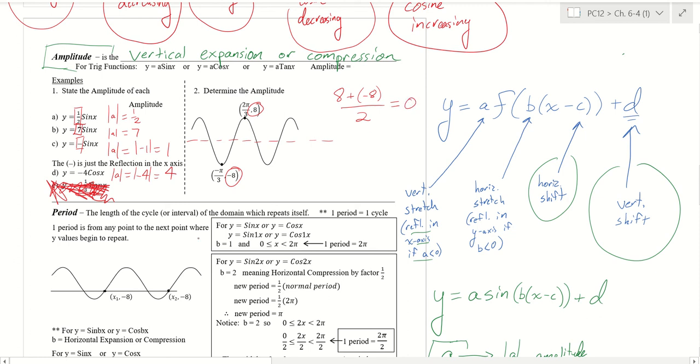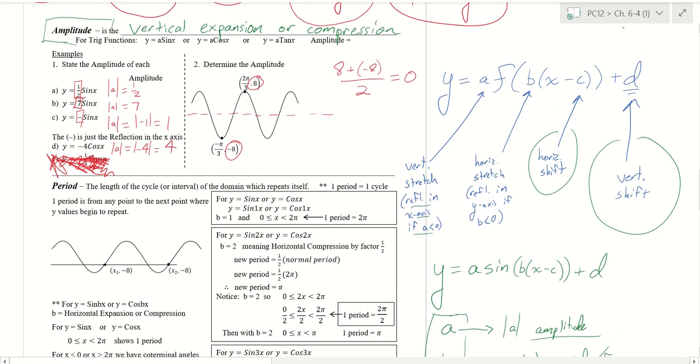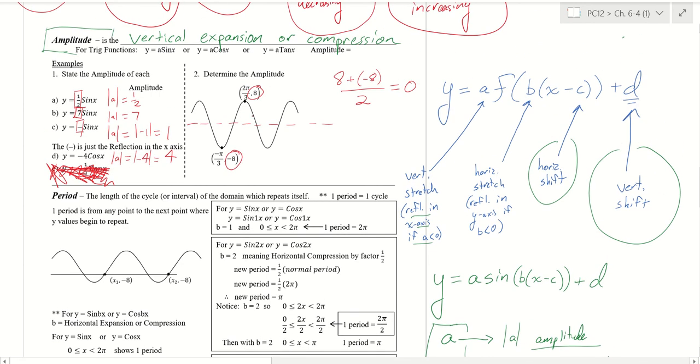That would just be 0. So we know that the centerline point is at 0. We know to call that centerline point the vertical displacement, right? This will move up or down depending on the d value. So d is 0 for this particular graph.